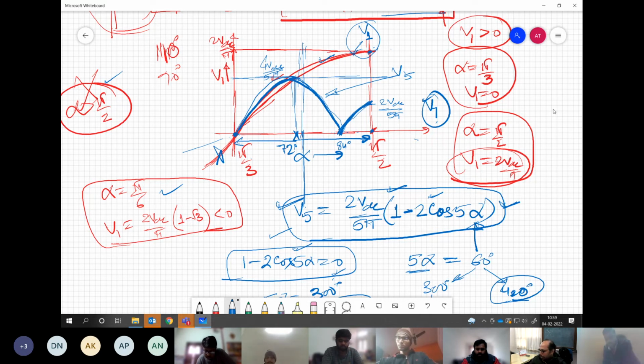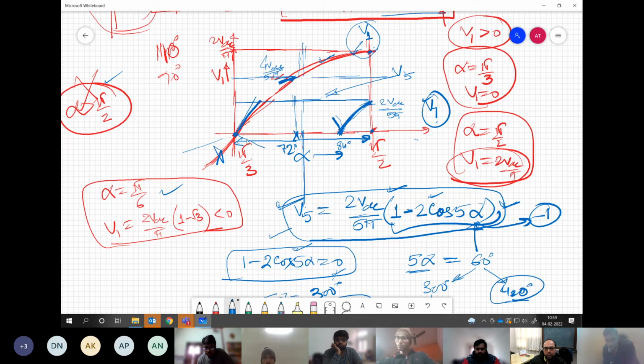Okay, indeed, this is 2 VDC by 5 pi. Yeah, this may happen. Yeah, correct. The value of this thing is actually going to -1. So we actually have repetition of this only. I thought this sum was going to 2. So basically we have the same magnitude, but it is of opposite polarity only, right?